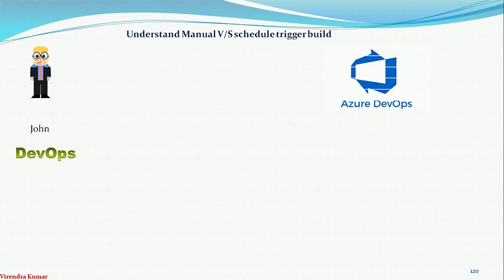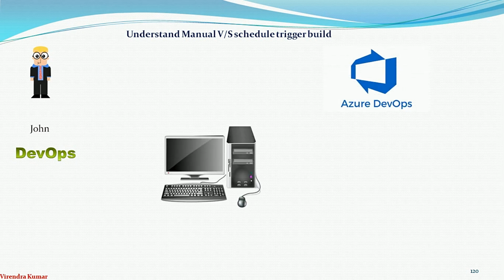So suppose there is one person who is an employee of a company. His name is John, and John is in the DevOps team. He just joined the company. John has knowledge about Azure DevOps, and he wants to set up an Azure DevOps CI/CD pipeline on the system.